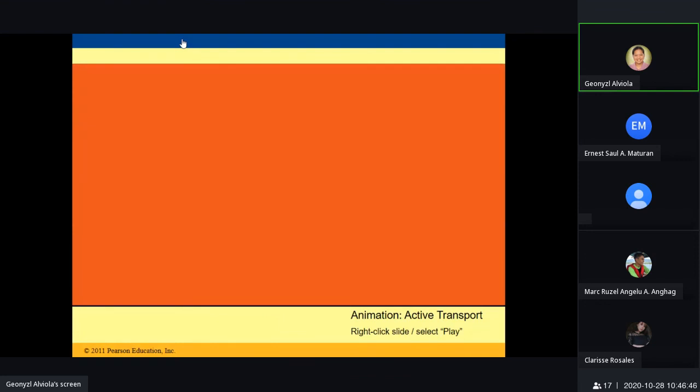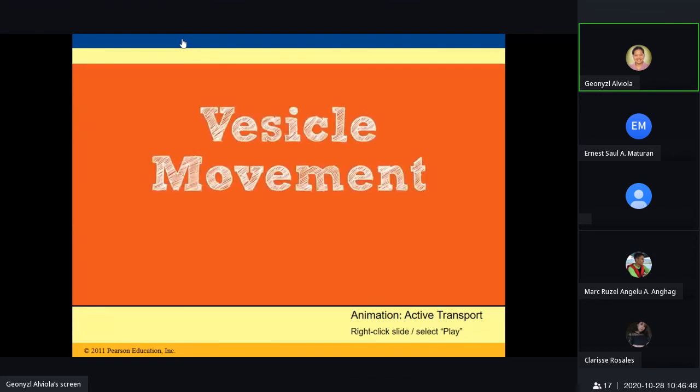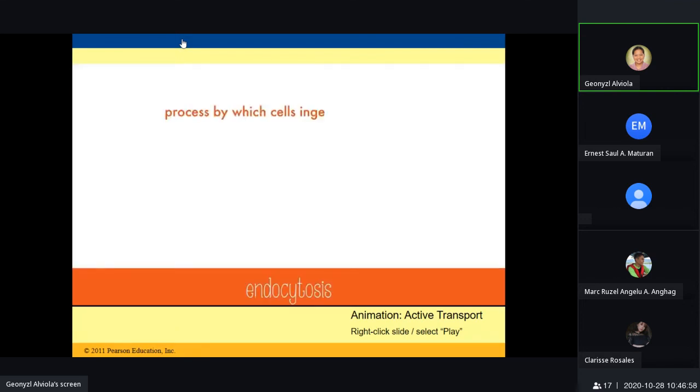Another way that cells work is through vesicle movement, either endocytosis or exocytosis. Endocytosis brings items into the cell, and exocytosis pushes them out of the cell. Endocytosis is the process by which cells ingest external fluid, macromolecules, or other large particles, even other cells. We can be more specific about what materials undergo endocytosis.